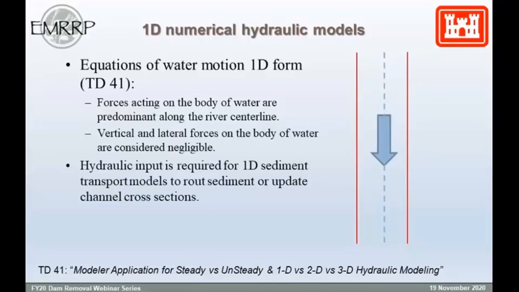They also talk about steady flow versus unsteady flow, which is another frequent question that hydraulic modelers can have. And why are hydraulics important? Because hydraulic input is required for sediment transport models. So when you're doing 1D sediment transport modeling, the hydraulic input you're getting is based on those assumptions that I just mentioned.